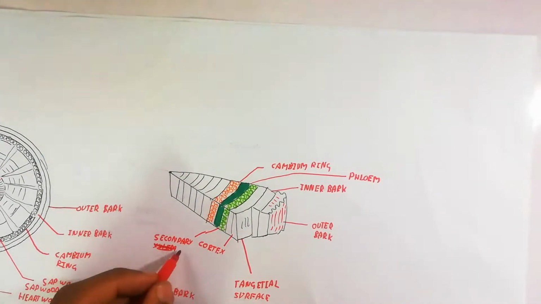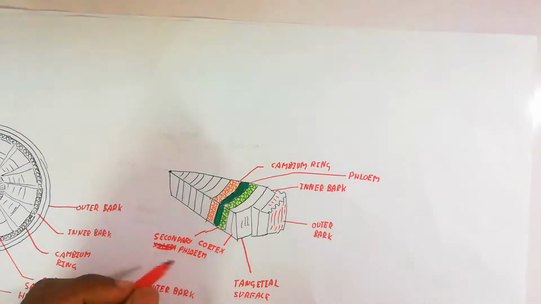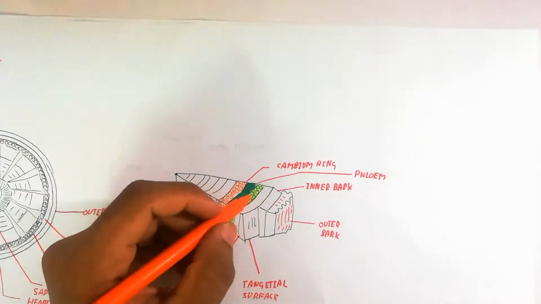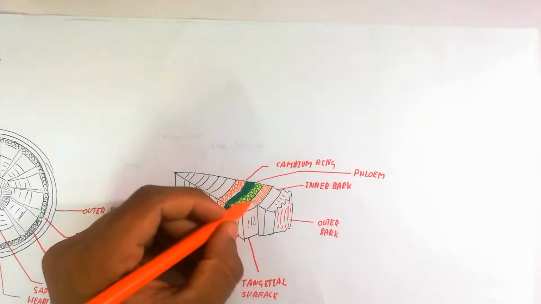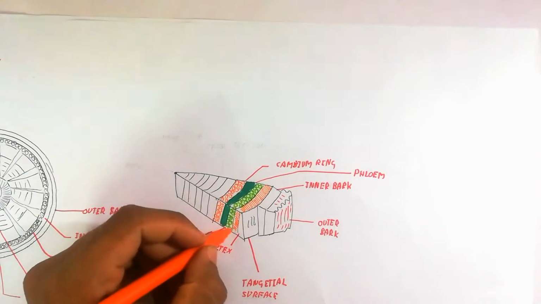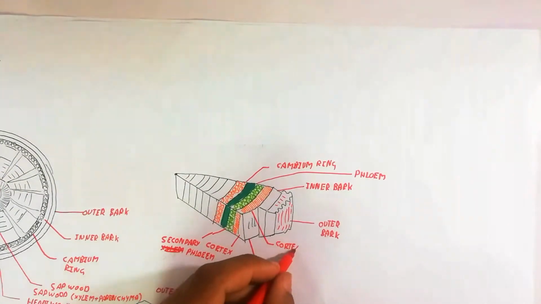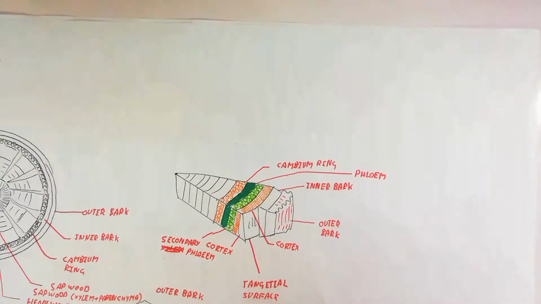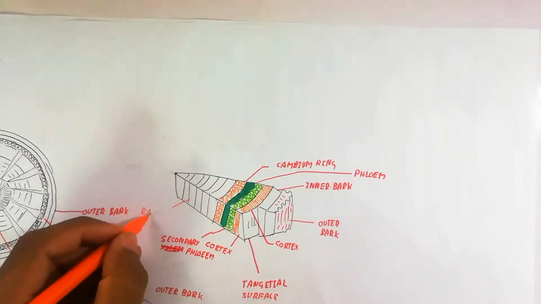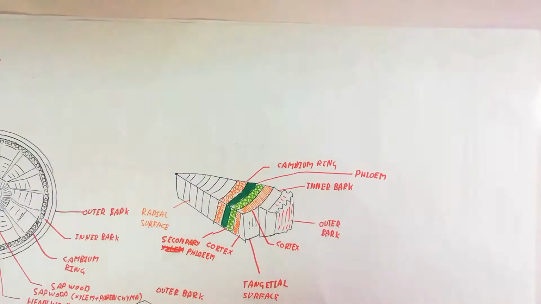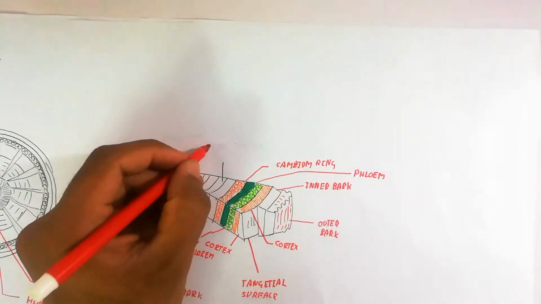Here the secondary xylem is present. The secondary xylem grows outward toward the bark, and also inward into the wood. After secondary growth the primary xylem is crushed, and the secondary xylem, with deposition and lignification, becomes hardwood and ultimately reaches the pith.